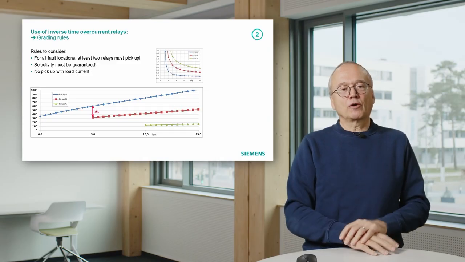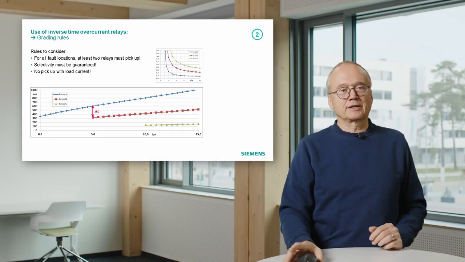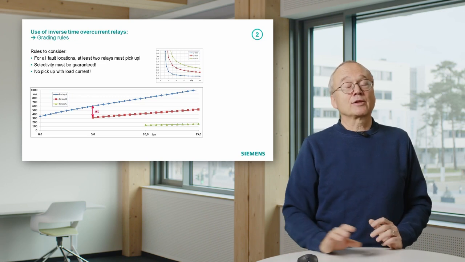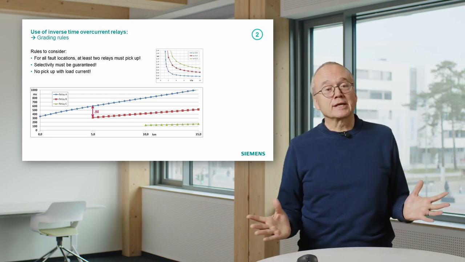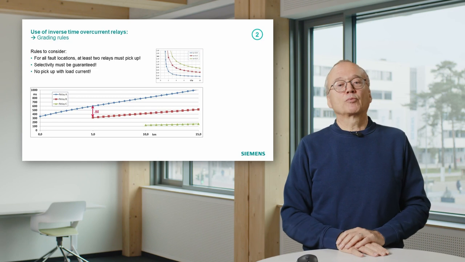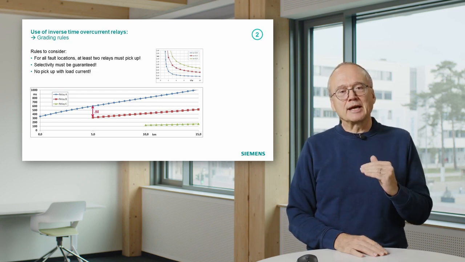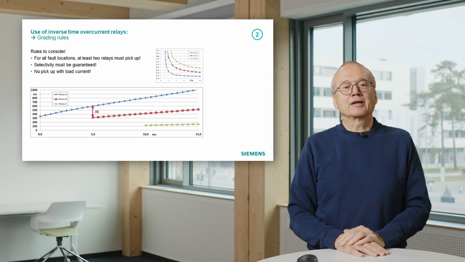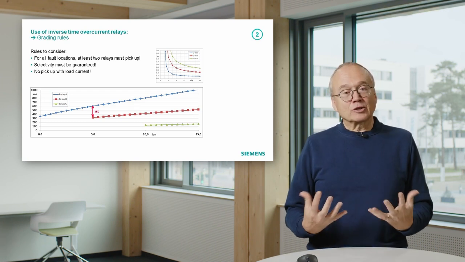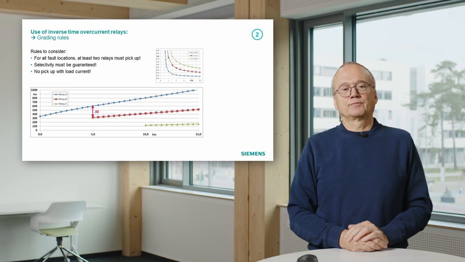Otherwise we get conflicts and we get non-selective tripping. And the last issue, which is also clear, we must not pick up with load current. That means the current setting values of the relays must be high enough that we don't pick up with load current, even not in critical situations.